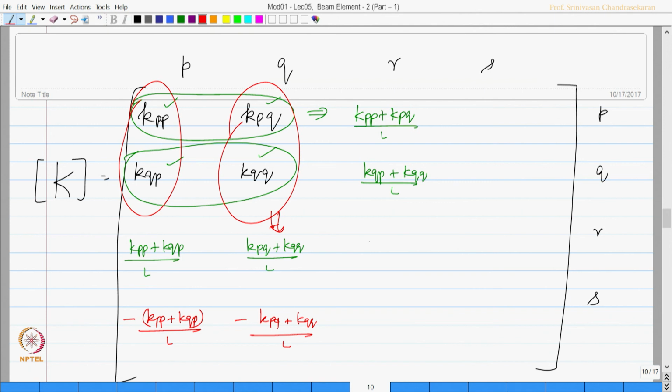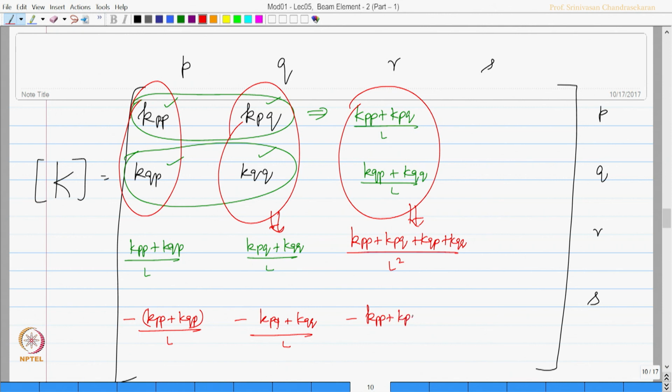Okay. Now, let us come to this argument. This will be K P P plus K P Q plus K Q P plus K Q Q by L square, which will be sum of these two by L, and this term will be negative of K P P plus K P Q plus K Q P plus K Q Q, the same with a negative sign.